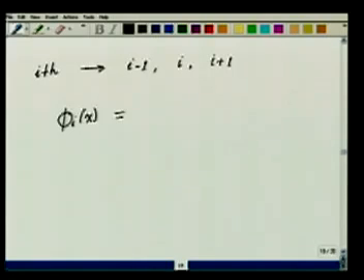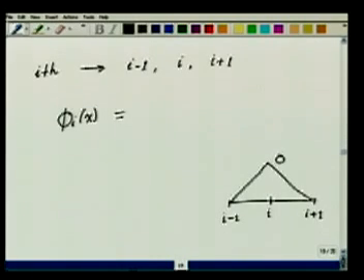So if I draw it here, here is I, here is I minus 1, here is I plus 1. This is what my phi of x is, such that it is 1 at the point xi.